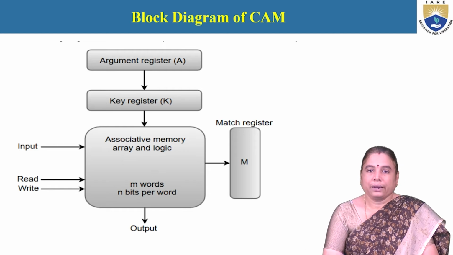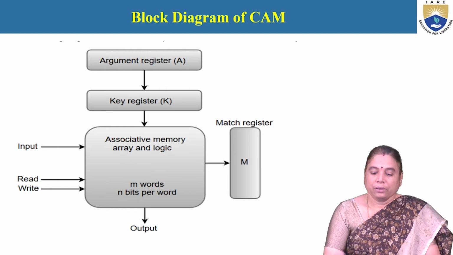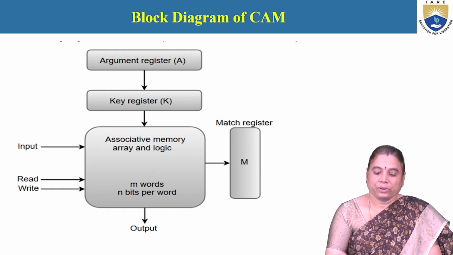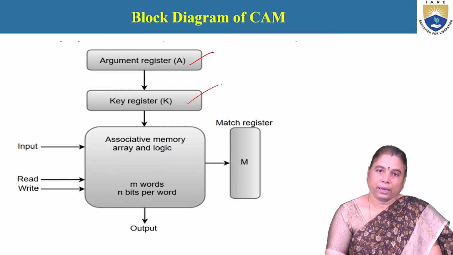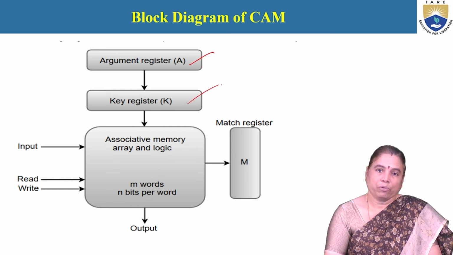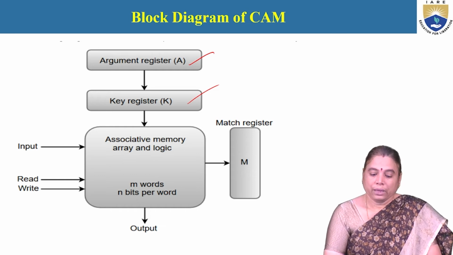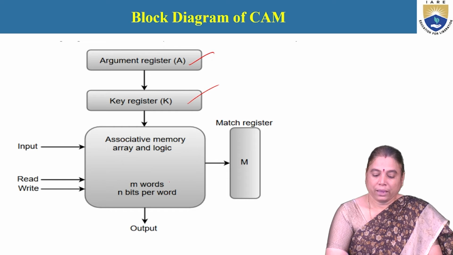So how these contents can be addressed with the help of two registers, argument register A and key register K. Argument register can hold the search word. Key register is used for the masking. So here the associative memory cells can be stored.